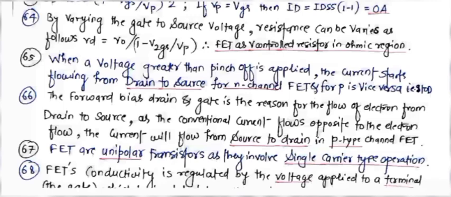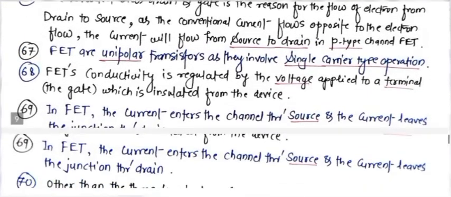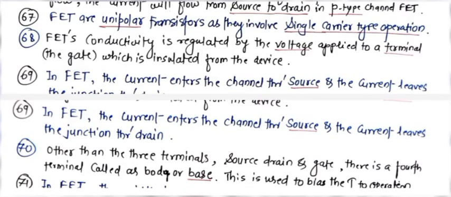FETs are unipolar transistors as they involve single carrier type operation. FET's conductivity is regulated by the voltage applied to a terminal, that is the gate, which is insulated from the device.